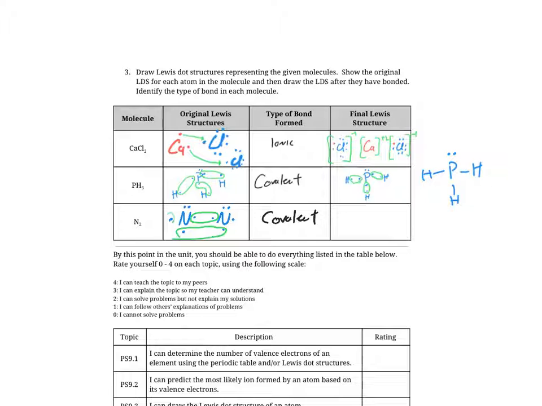So when I clean this guy up, it's going to look something like this. Which might get cleaned up a little bit more to look something like this. But that's kind of how that looks.